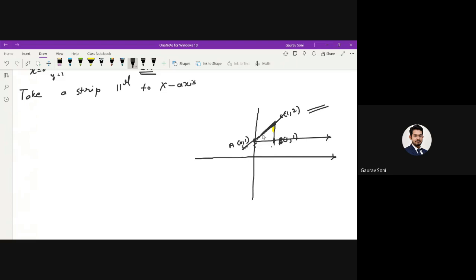Now what I'm saying is take the horizontal strip. What is the range over which I can move this horizontal strip now? In your region, how can you move this? Now it will move vertically, right? So what is the range?